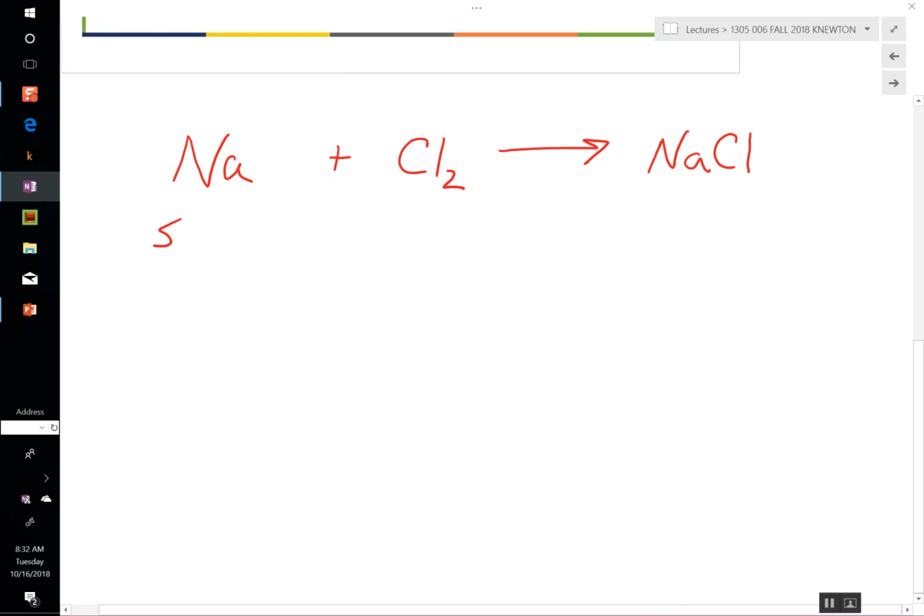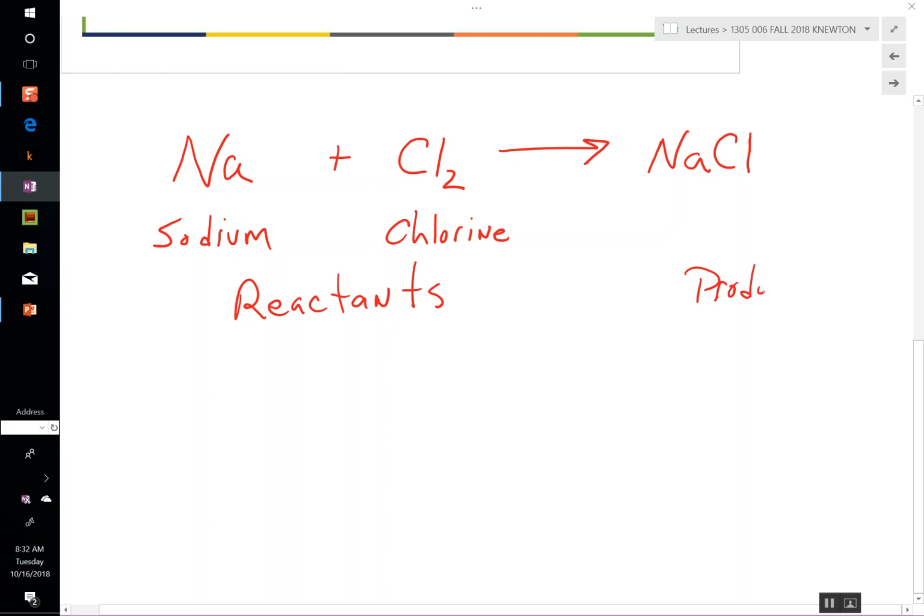We're talking about elemental sodium reacting with chlorine. These are reactants, starting materials. This is what we're starting with. This is the product.